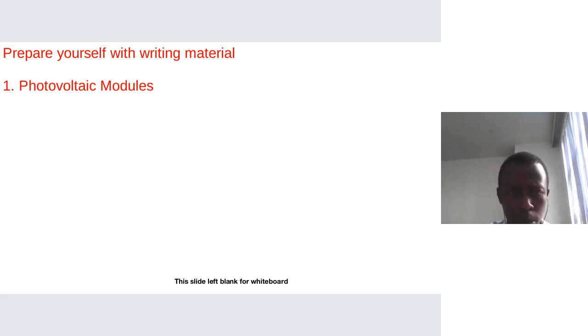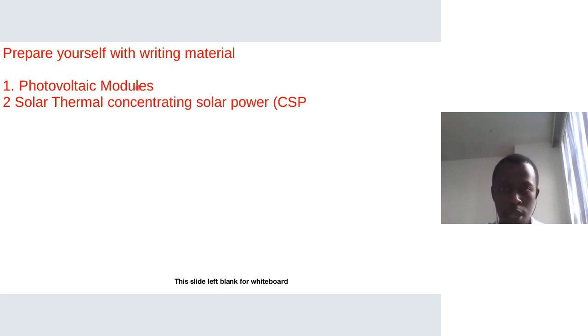We also talked about the use of solar thermal as number 2, the second method of harvesting solar energy. This one is also called concentrating solar power, or CSP.